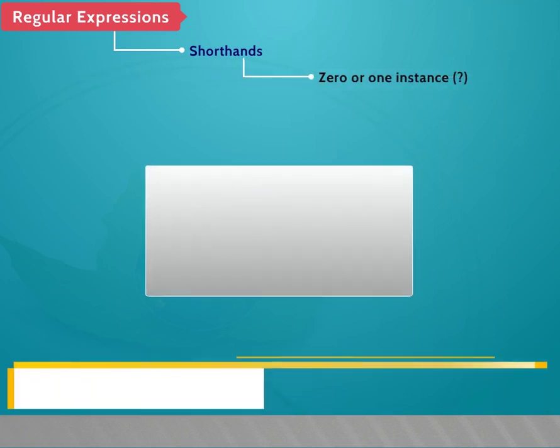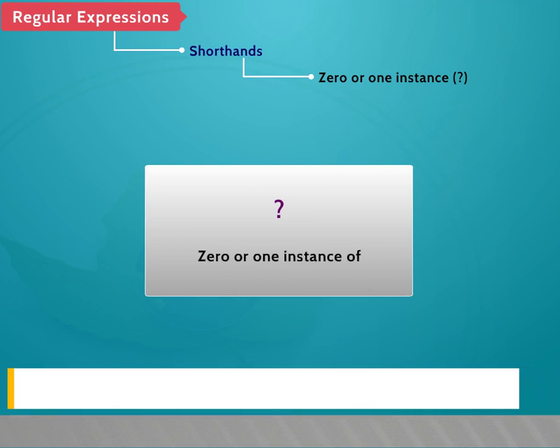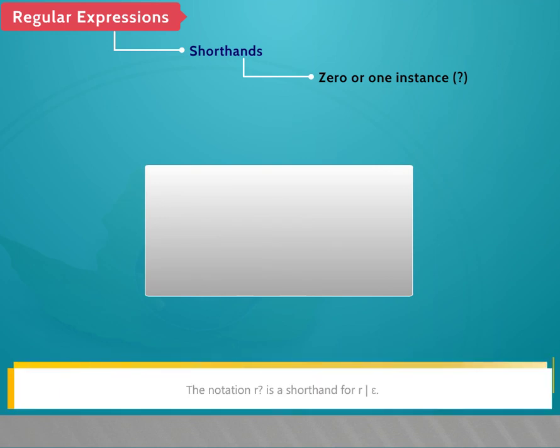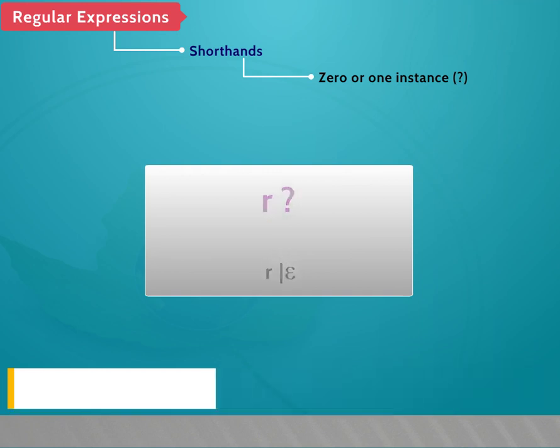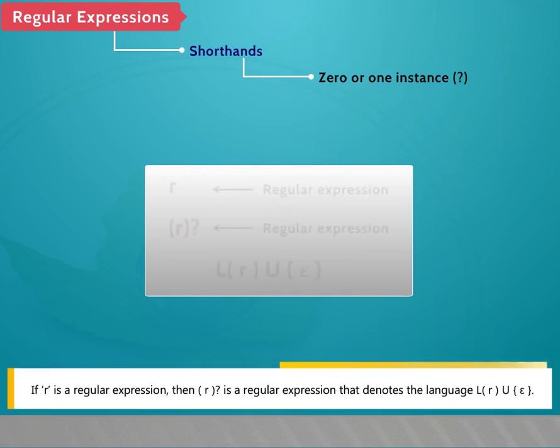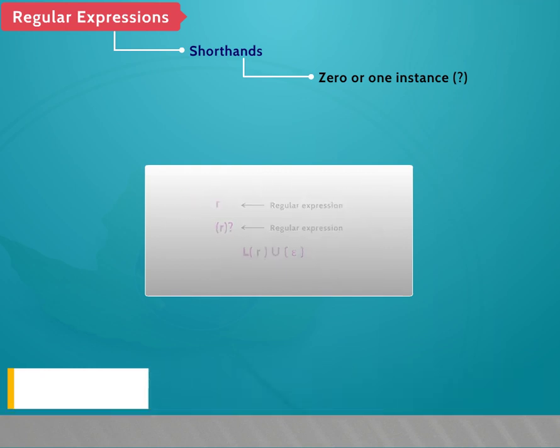Zero or one instance: the unary postfix operator ? means zero or one instance of. The notation R? is a shorthand for R | epsilon. If R is a regular expression, then R? is a regular expression that denotes the language L(R) union epsilon.